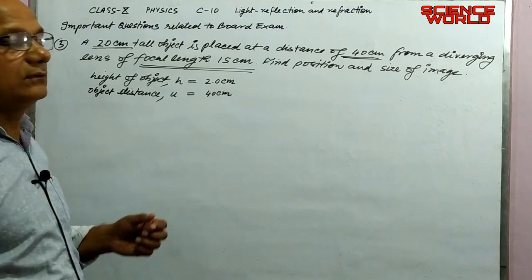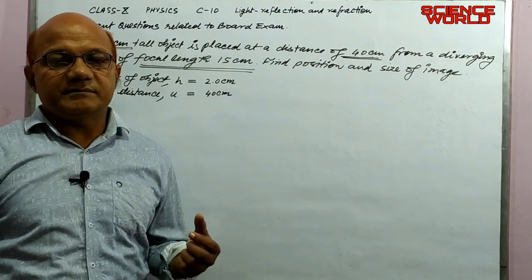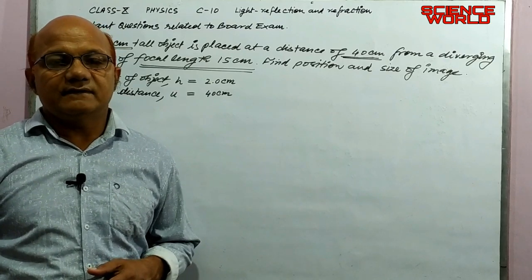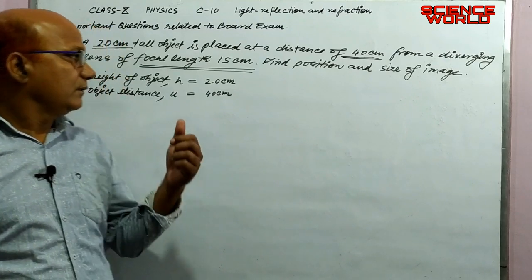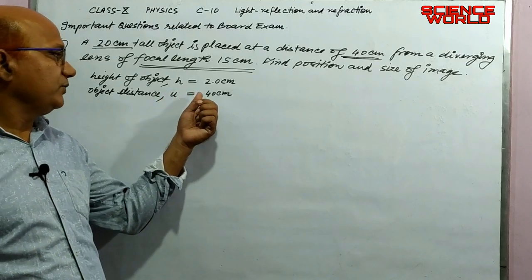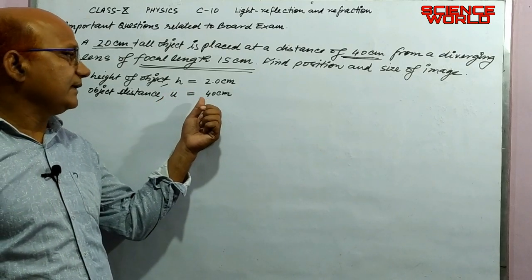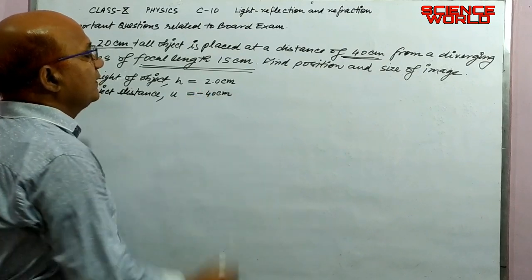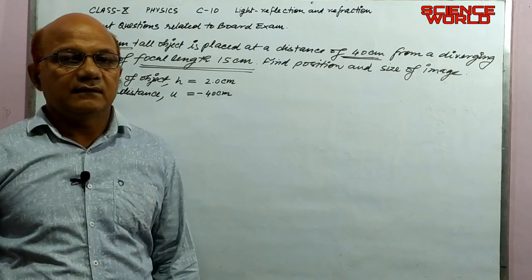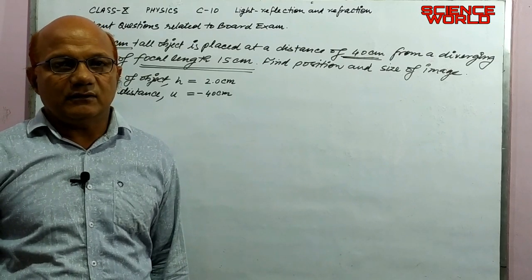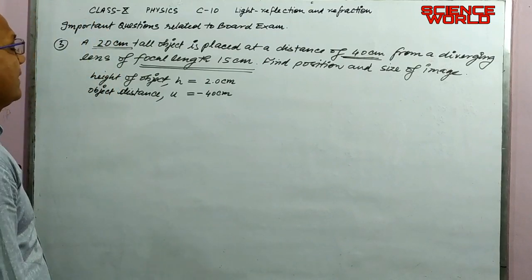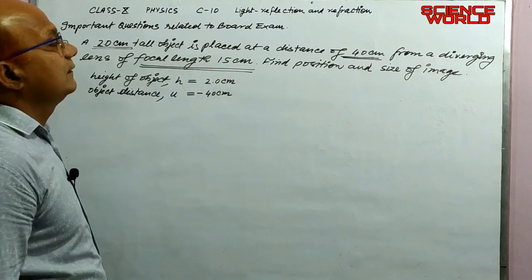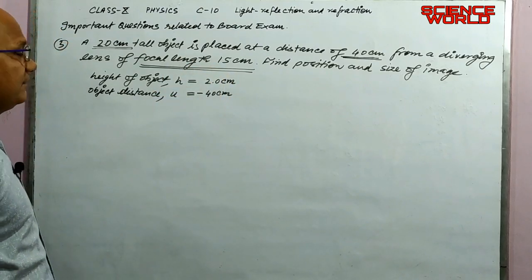As you know, since object is always placed in the left side of lens, we will use sign convention here minus sign because object is considered in the left side of the lens. And now focal length is given and it is 15 centimeter.